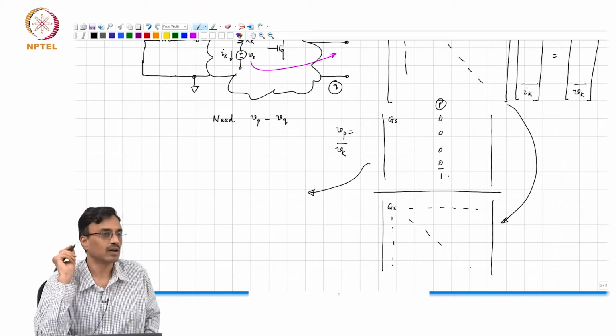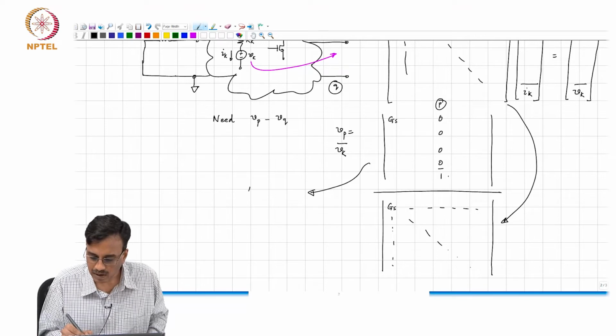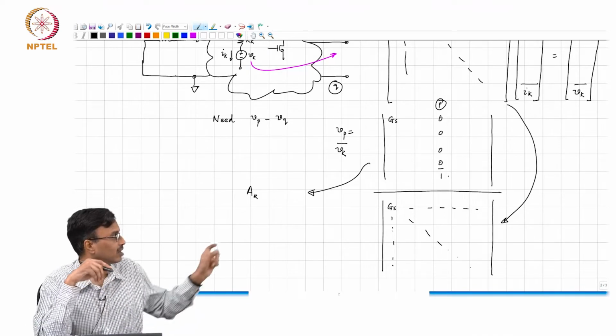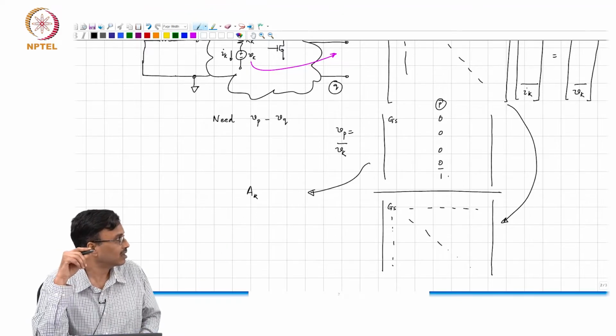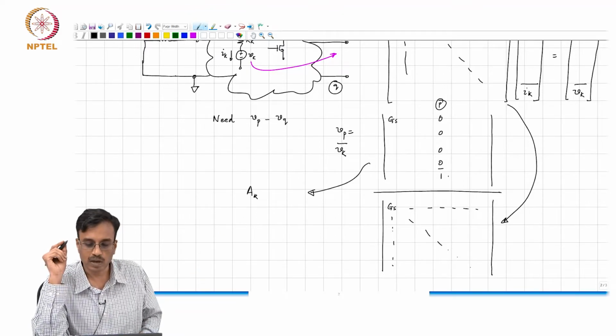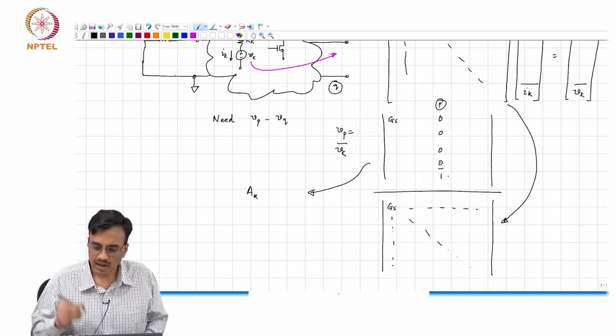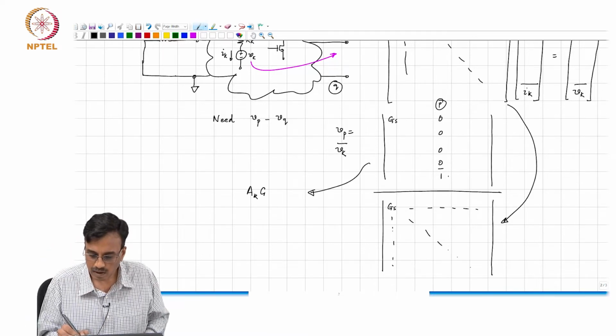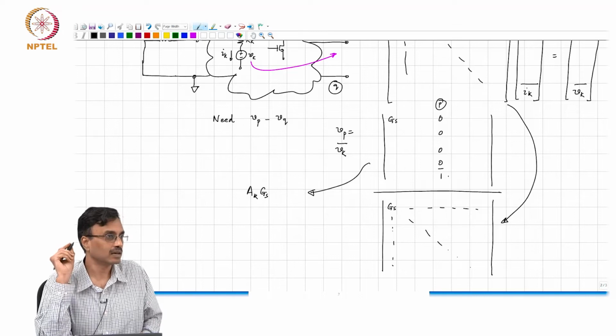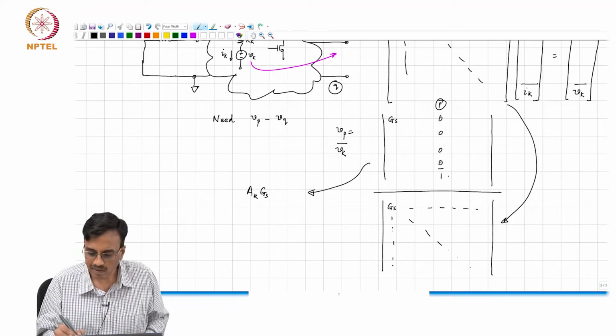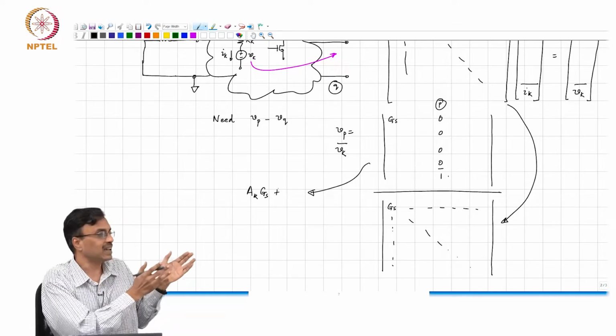the determinant corresponding to this matrix can be written in the form, let us say, sum A sub k, because we are doing this with respect to the kth source, right. A sub k times G sub s plus B sub k.